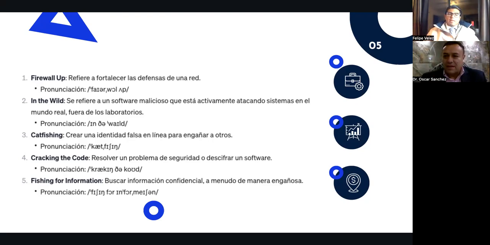Now repeat after me. Number 3, catfish. What is catfish? A cat and a fish are very different, so it's impossible to combine a cat and a fish.